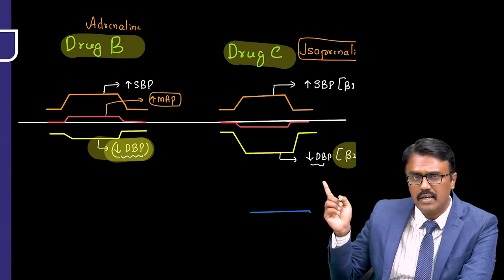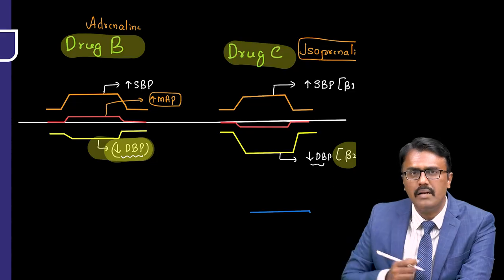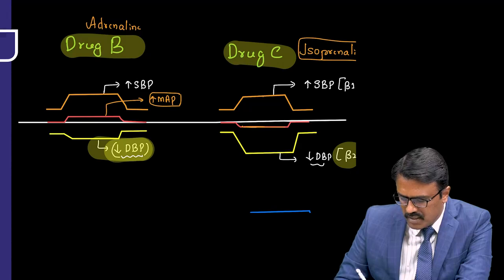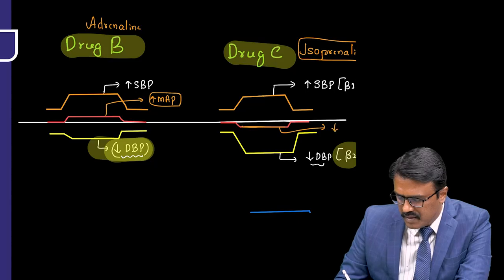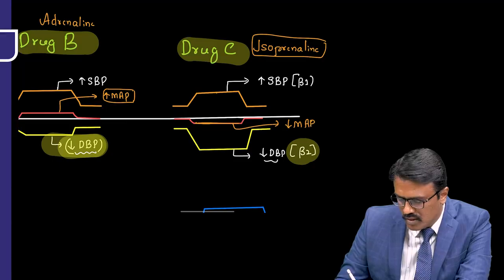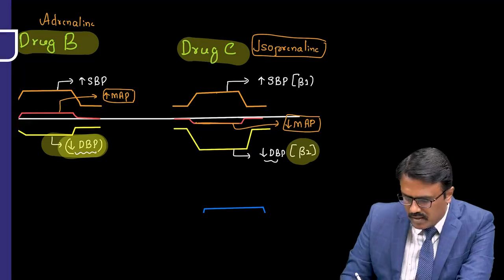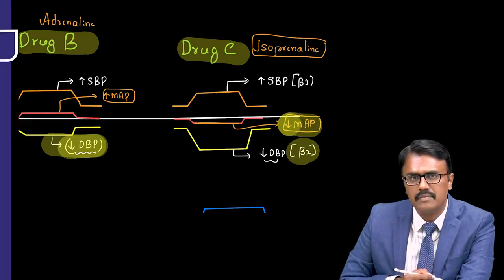We have seen that in the table. Adrenaline can also increase mean arterial pressure, but who can never increase mean arterial pressure is isoprenaline. So that is one more point to tell you that drug C is isoprenaline, one more evidence.